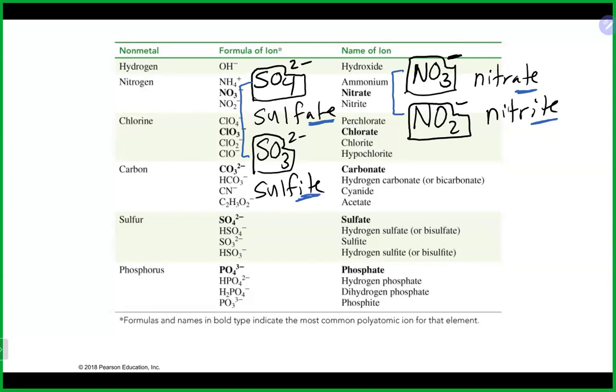So a really good way to get a handle on these is to group them together and understand how to manipulate one of them. You could choose to remember all the "ates." And then if you need "ite," you just take off 1 oxygen and you're there. So I know nitrate's NO3 minus, but I need nitrite.